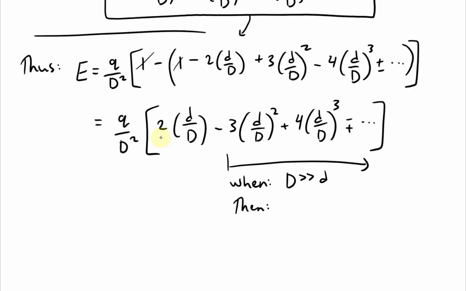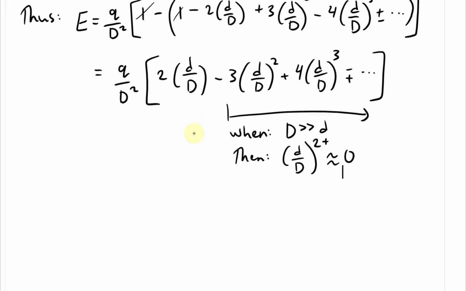Then d over capital D squared, when you square anything greater than it, goes approaching 0. It's much smaller than d over capital D, because you're dividing by a larger number. So then we can just ignore all these ones. We just approximate by ignoring them.